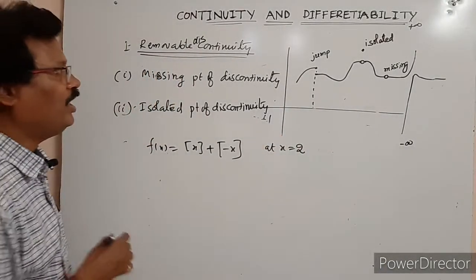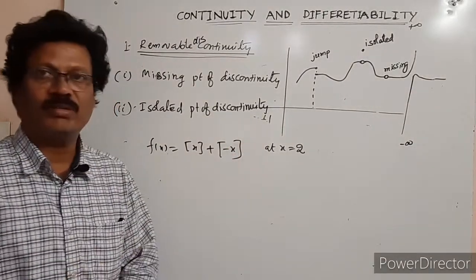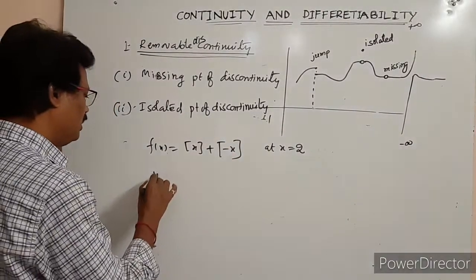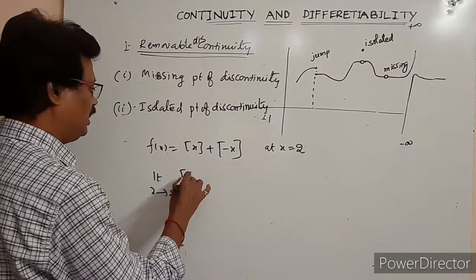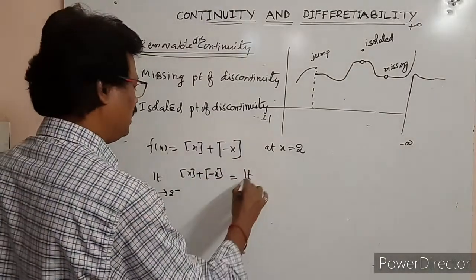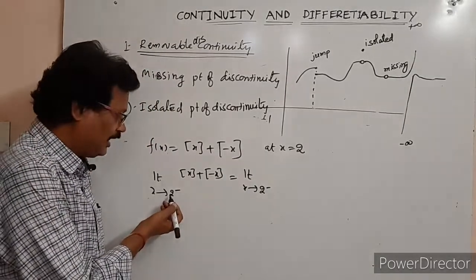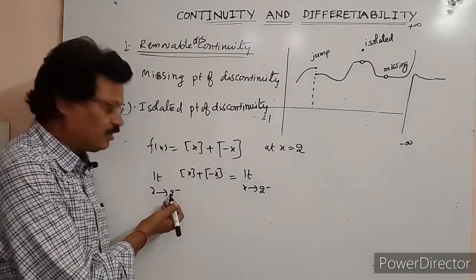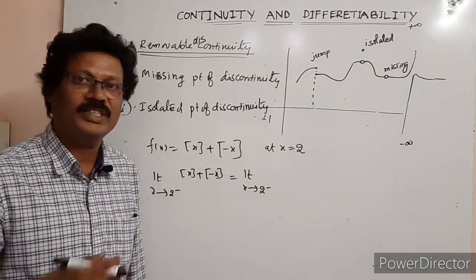Now, here the limit exists at x equal to 2. See here, the limit as x tends to 2 minus of step x plus step of minus x. Here x is not equal to 2, x is just less than 2, therefore it is a non-integer.